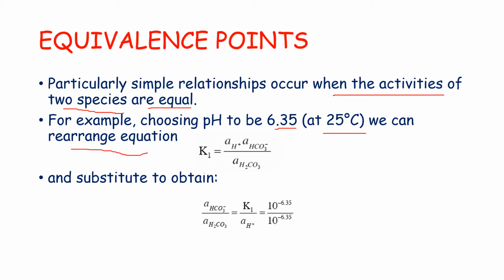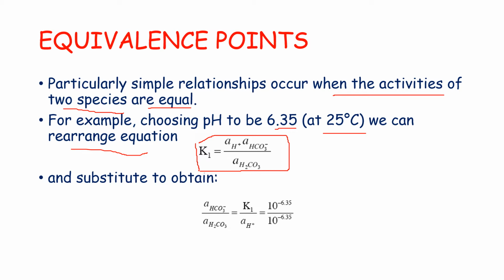You can basically rearrange the equation into this format, that is K1 equals the activity of hydrogen times the activity of bicarbonate, HCO3 minus, divided by the activity of carbonic acid, H2CO3.